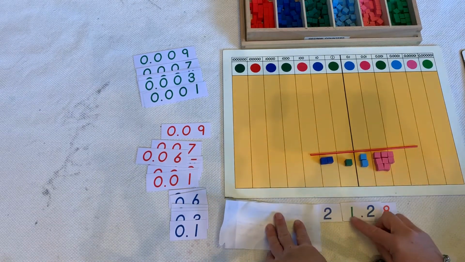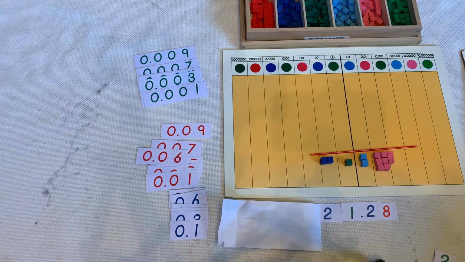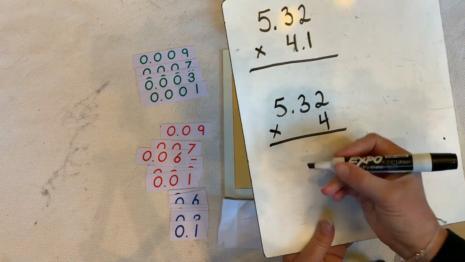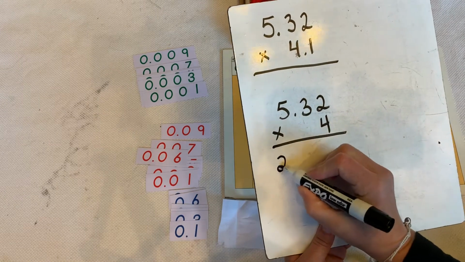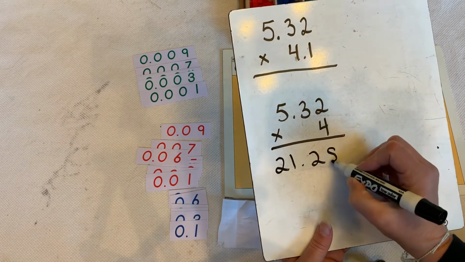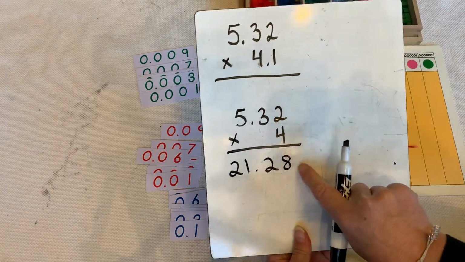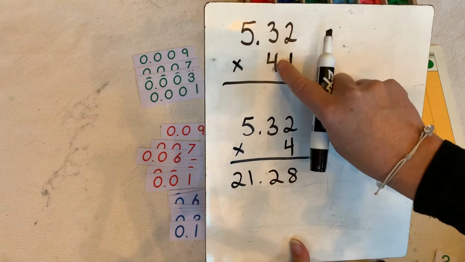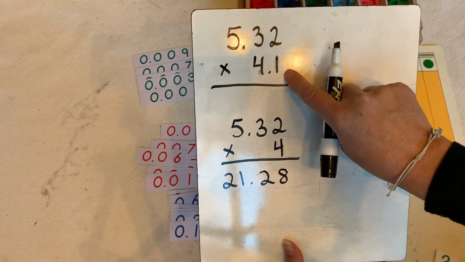So our answer is 21 and 28 hundredths for the first partial product. That's just our first partial product, okay? Because we multiplied by the 4. Here's the 4, but we still have to multiply by this 0.1.